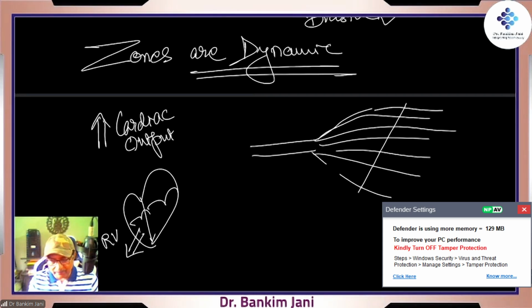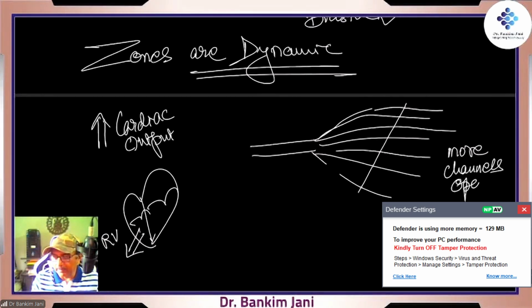So even if there is any zone 2, it will now be treated like a zone 3. It has improved itself because more channels open as the blood is going. Right? Blood with pressure will open even those small capillaries which were passing very little blood. Now more blood is coming.